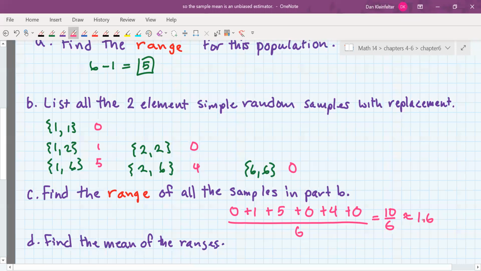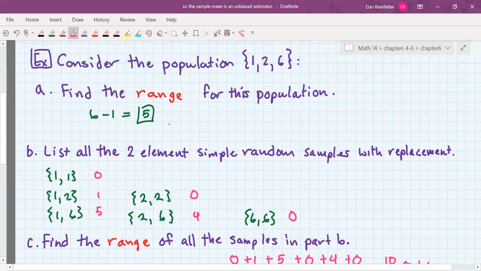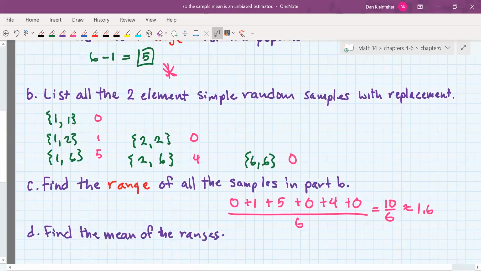Okay, you'll notice that that mean is nowhere near the range of the whole population. The range for the whole population is 5, but the mean of the sample ranges was 1.6.